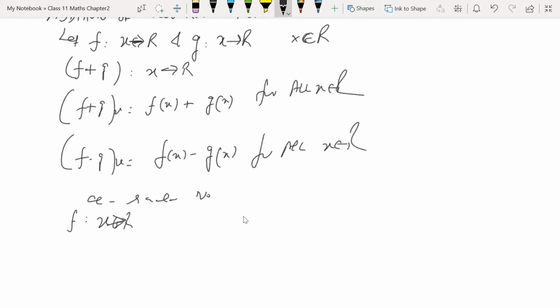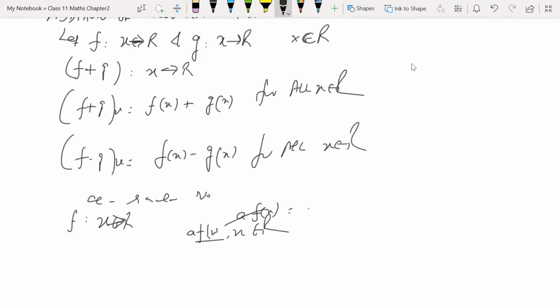Then (af)(x) = a f(x) for x belonging to X. You can also multiply two real functions.